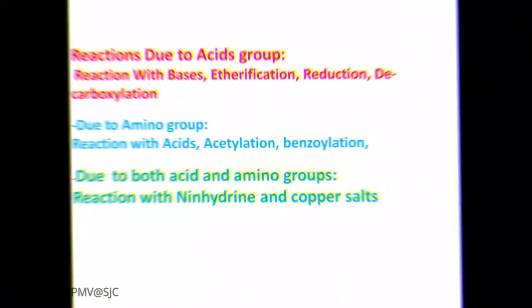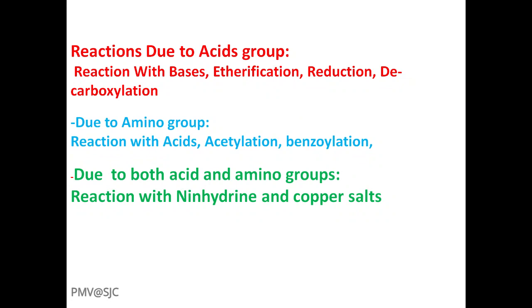The amino group reacts with benzyl chloride and acetyl chloride, hence we get benzyl glycine and acetyl glycine respectively. And in other reactions the amino group can also be involved in diazotization.